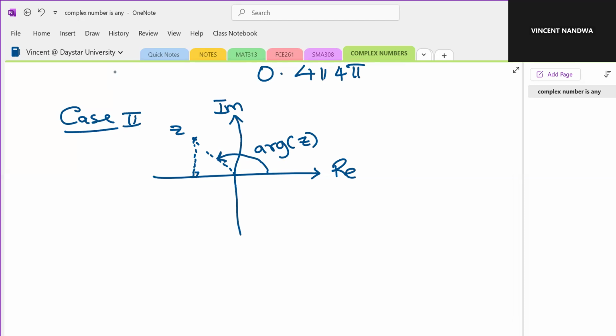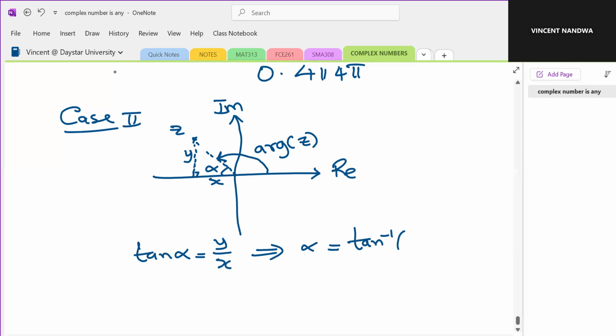So this remains to be your Y, you'll have X units here. Call this one alpha. So tan alpha will be given by opposite, which is Y, over adjacent, which is X, which means alpha will be given by tan inverse of Y over X. Then argument of Z becomes, remember alpha plus this angle here should give us 180 degrees.